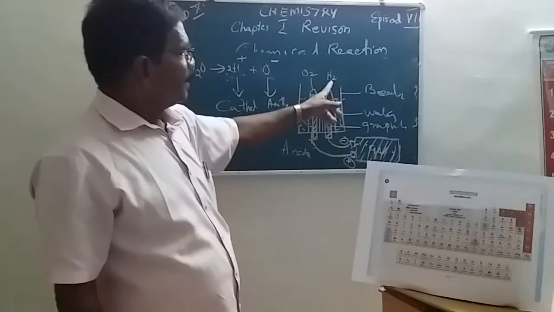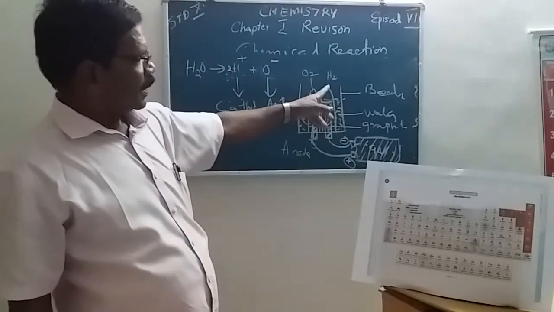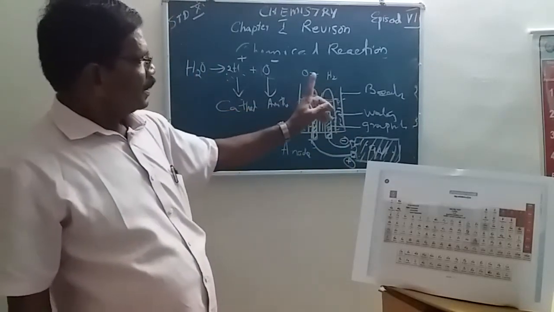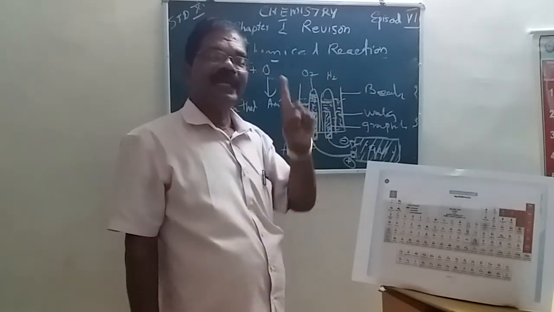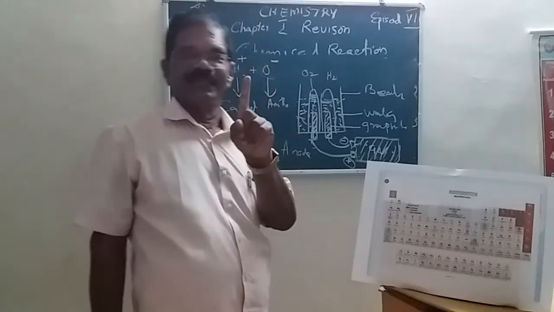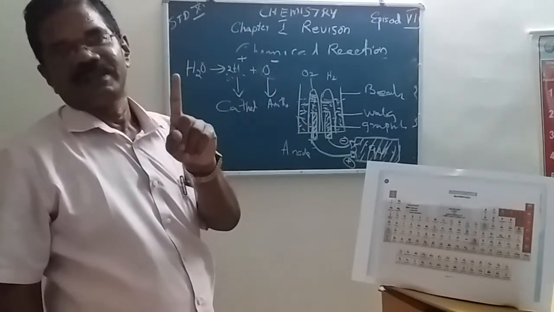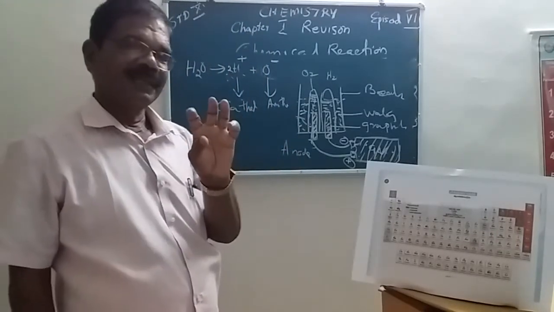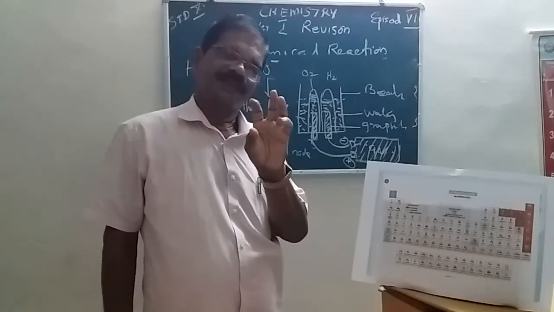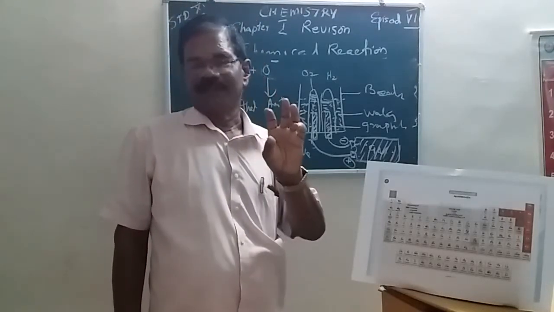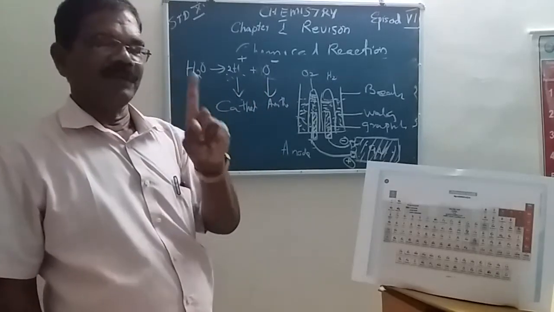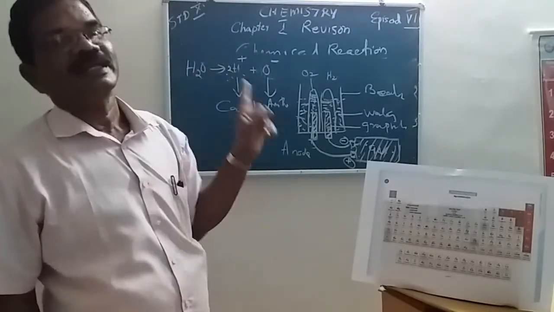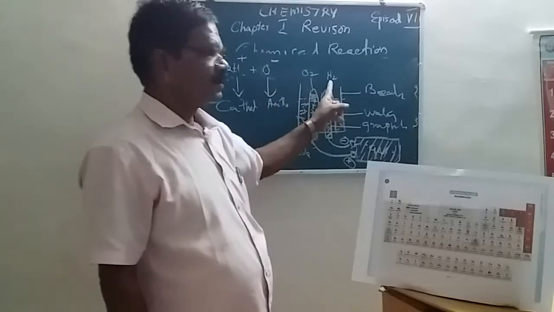We may ask, here arises one doubt. Hydrogen is a special element. Hydrogen is the only non-metal which is liberated at the cathode. Normally, metals are positive ions and are liberated at the cathode. There is only one non-metal which is liberated at the cathode, and that is hydrogen.